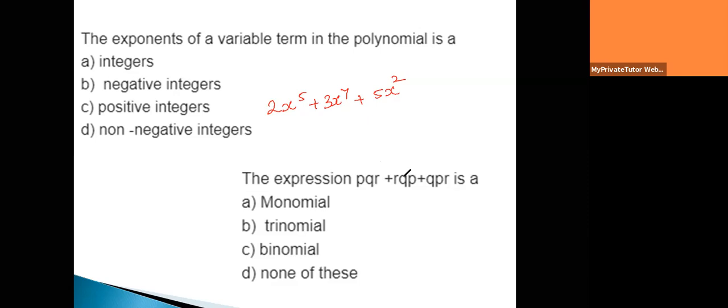Everybody agrees? You said yes, but I'm not. I mean, it's not correct. You know why? See, 4x square plus 3x plus 9. In this we have a degree of 2, and 1 here. That's fine. All are positive. But what about this one, 9? 9 is nothing but 9 into x power 0.